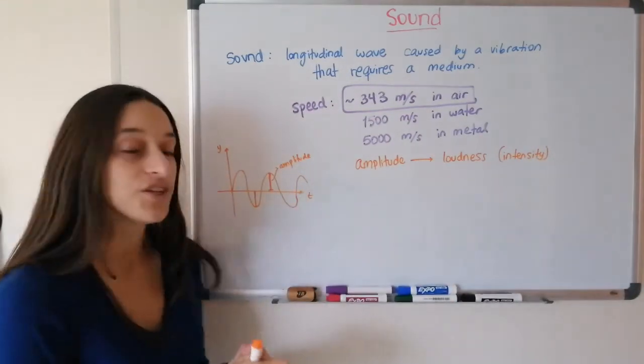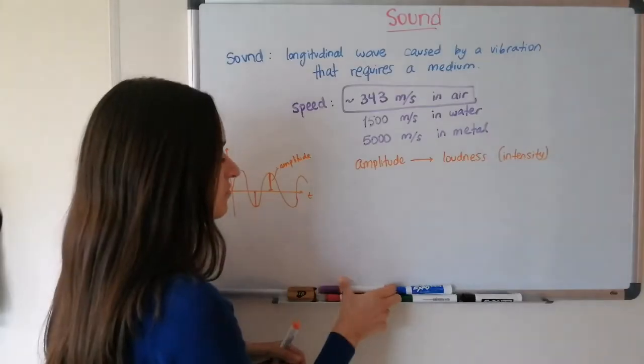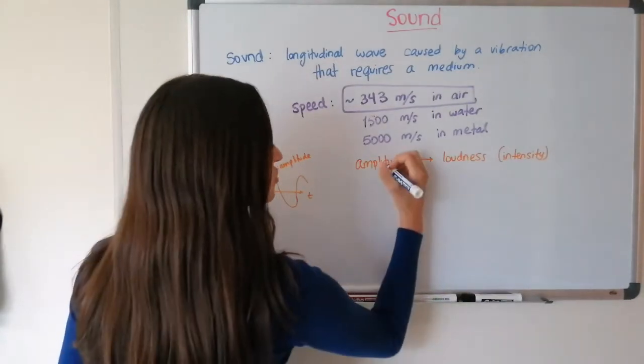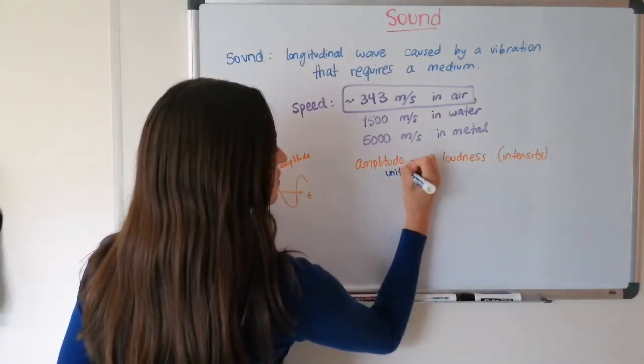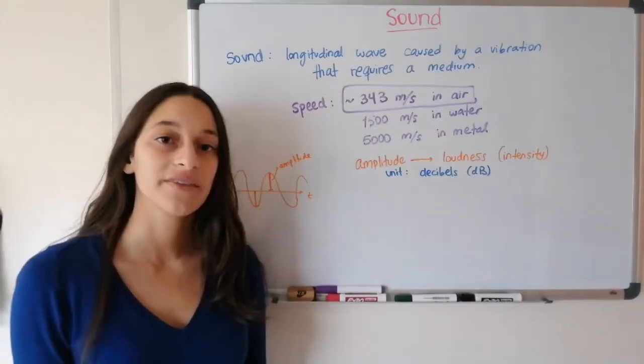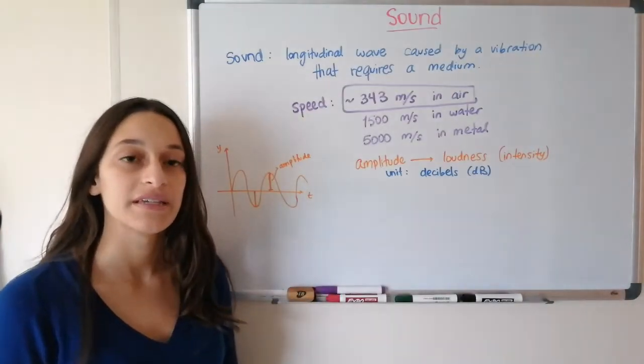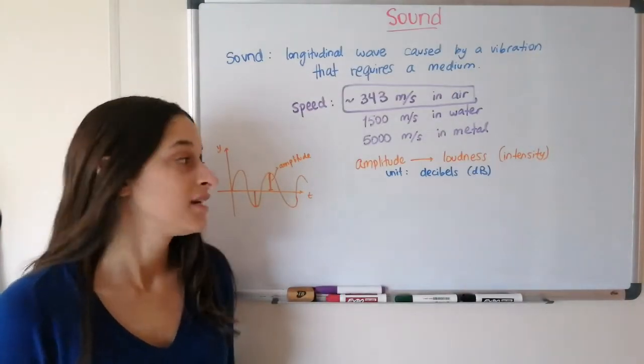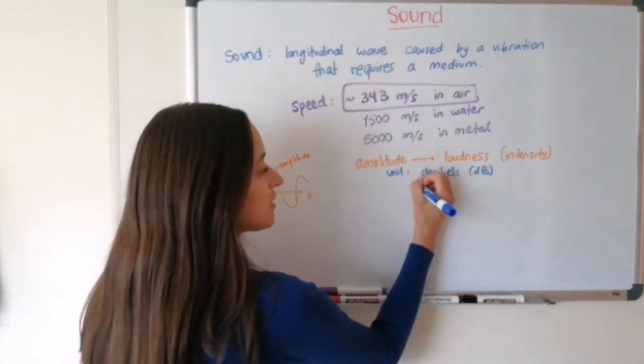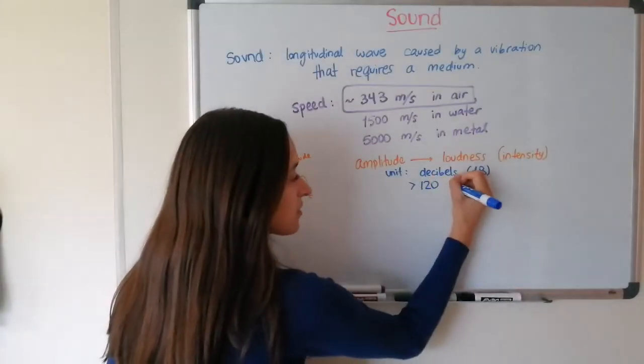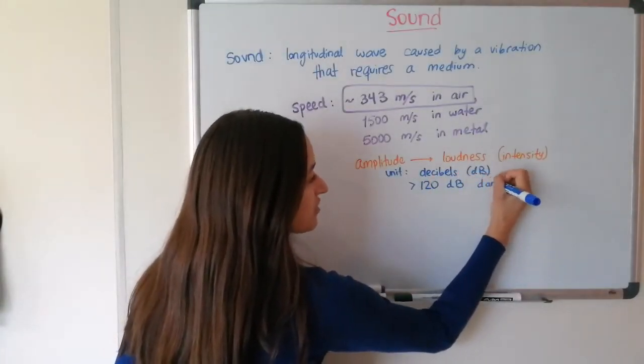It's measured in a unit called decibels. Maybe you've heard about it. So the unit is decibels. And this determines if a sound is bad for our ears or not. So sounds greater than 120 decibels are dangerous for us.